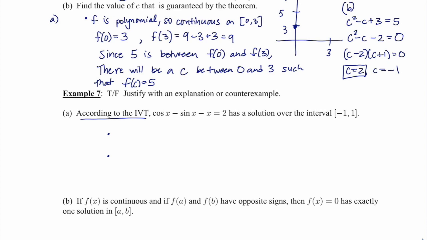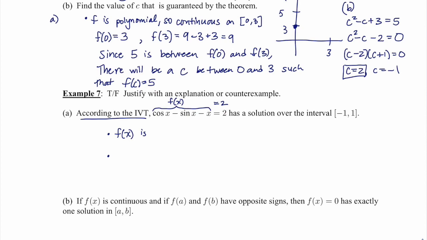So let's see, if we set this up as saying a function is equal to 2 between two x values, it looks like the function we're looking at is cosine of x minus sine x minus x, and that function is certainly continuous because it's just a combination of linear and sine and cosine functions, and each of those is continuous on the whole real line.